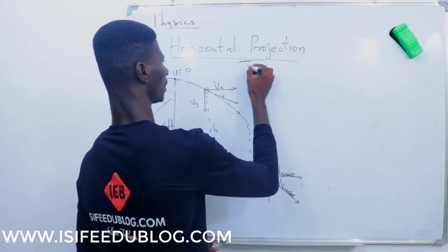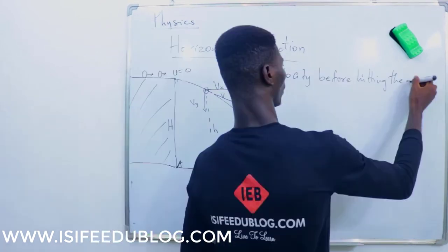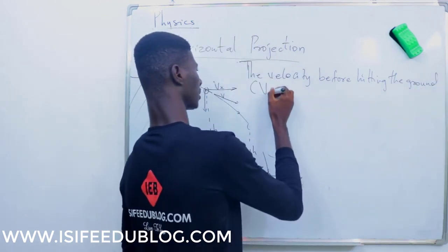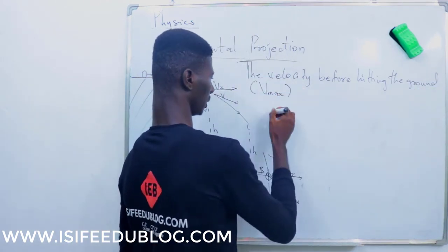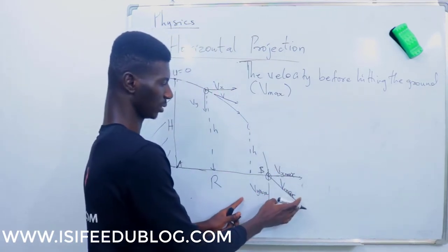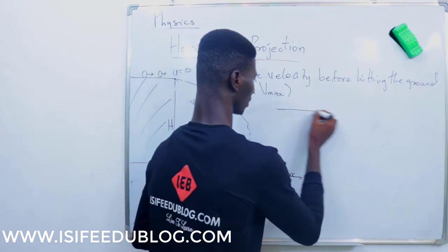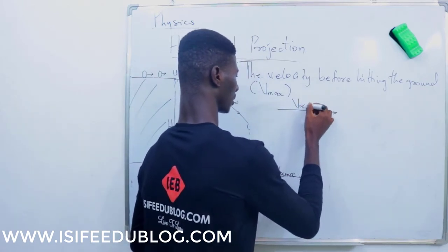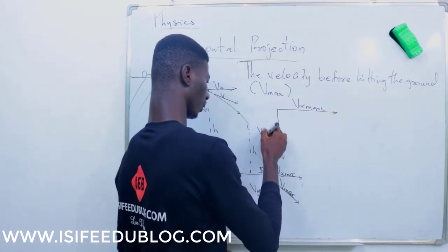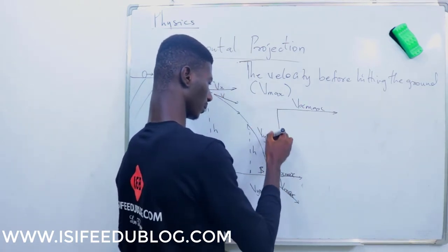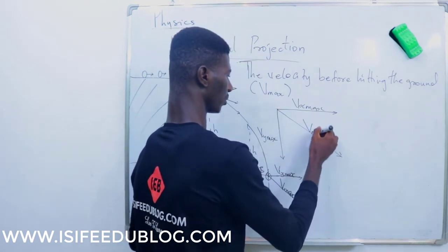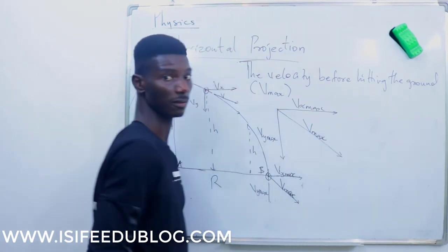So the velocity before hitting the ground, which is Vmax itself, if you bring this out also, we have something of this nature, Vx max, Vy max. Now this is the velocity before hitting the ground, Vmax, which is the resultant velocity.